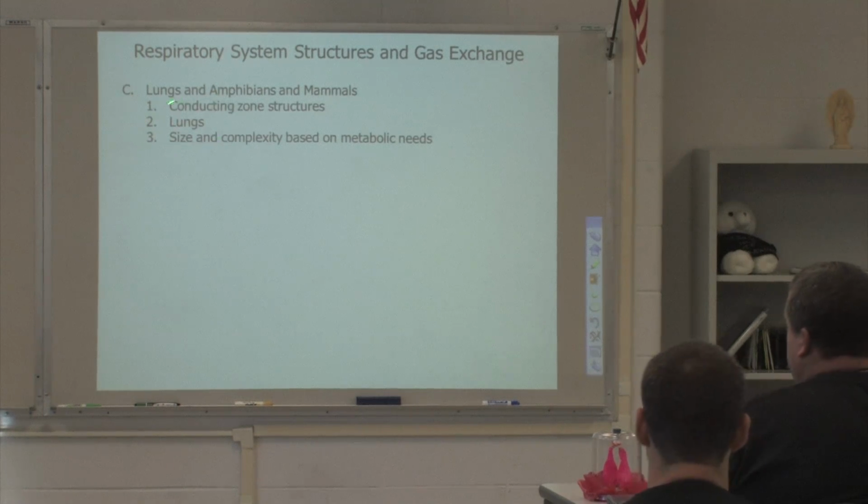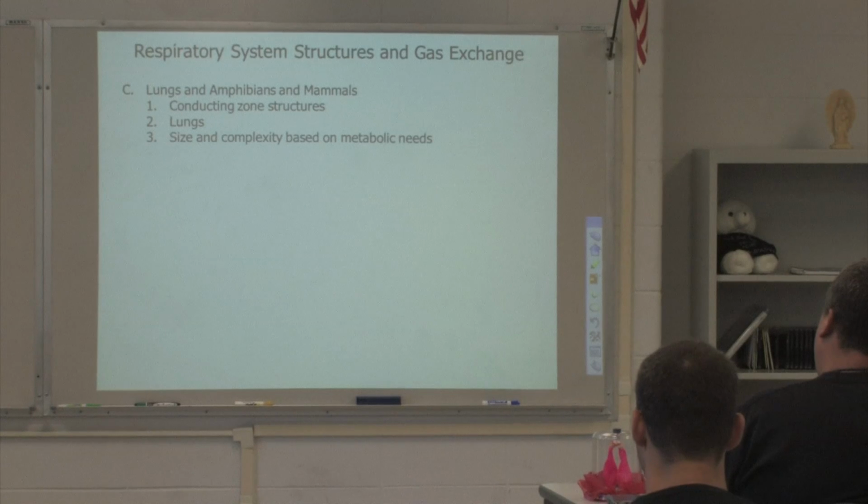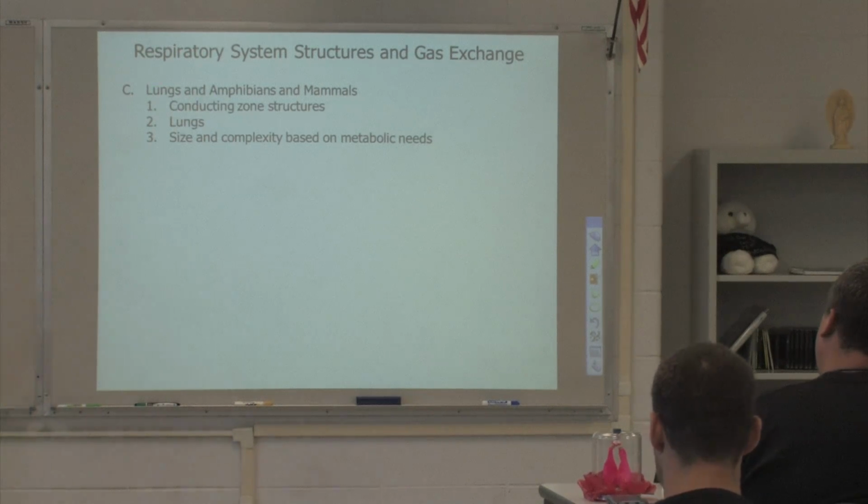And then we have the lungs that we're going to talk about, and it's really important to keep in mind that terrestrial animals that have lungs, adaptations have been made to the lungs based on the size of the animal, also based on the complexity of the metabolic demands of that animal.